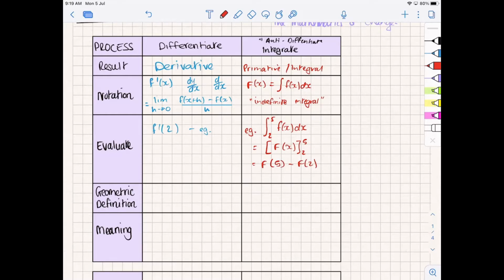What do we call this? Because I don't have a constant, what could I say about this? Is this an indefinite integral? If we go back to the previous notation, we had the indefinite integral because I gave you no boundaries, no limits.